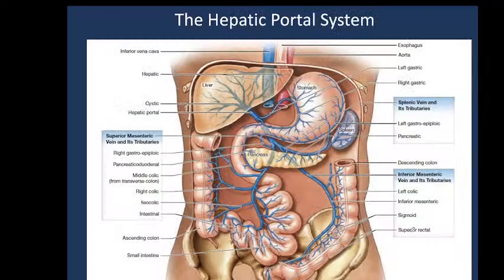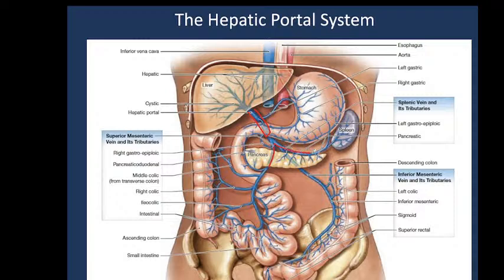The portal systems. Here you see the portal vein. This is a quite large venous vessel, usually forming from two large veins of the abdominal cavity.